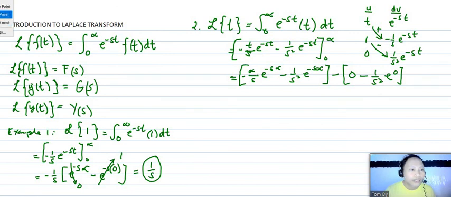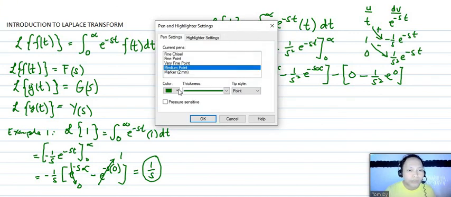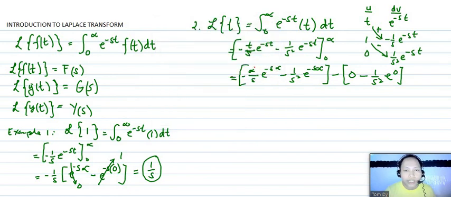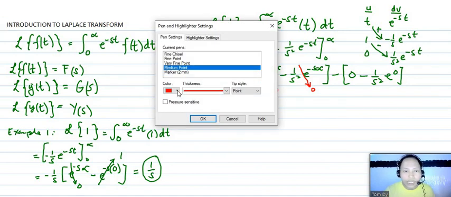Okay, so I will just change the color of my pen. So let's say red. This one, of course, is equivalent to 0. This is also equivalent to 0. You have your infinity raised to infinity. Infinity times this one, that is 0. And then what remains here is of course negative times negative, that becomes positive.